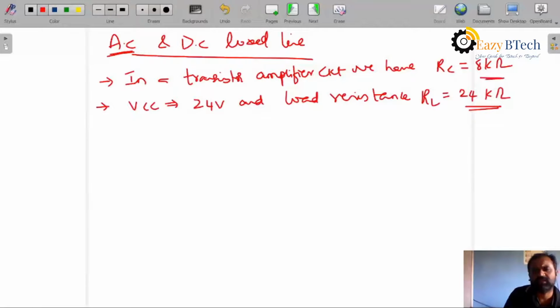In the problem you have to draw the DC and AC load line.